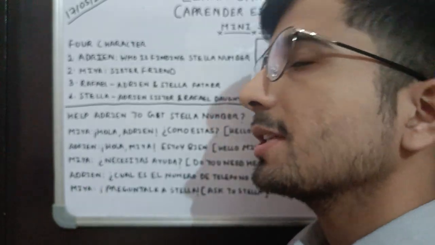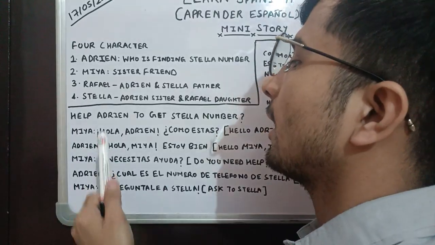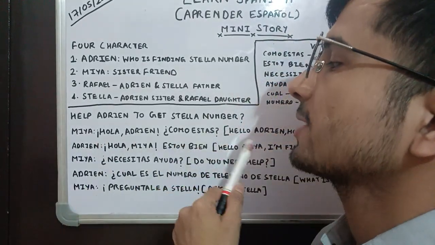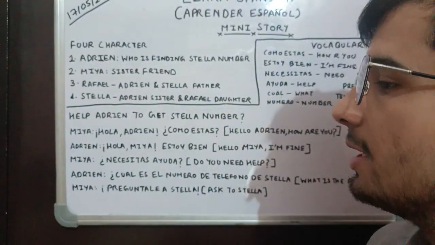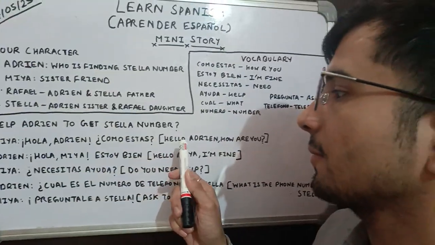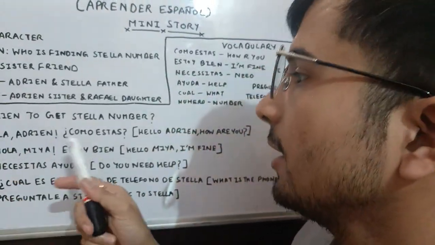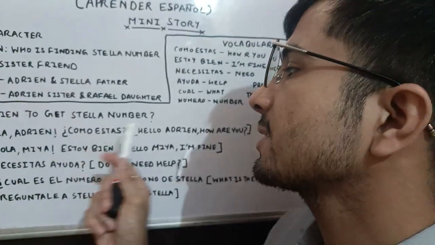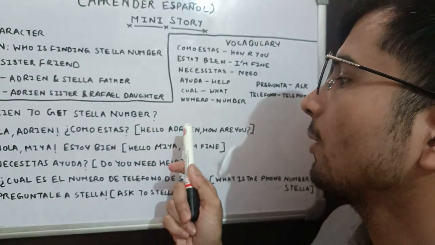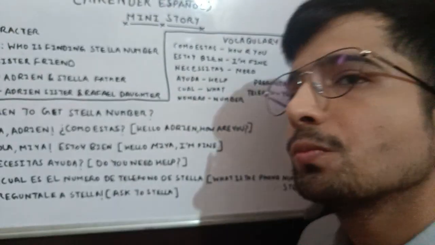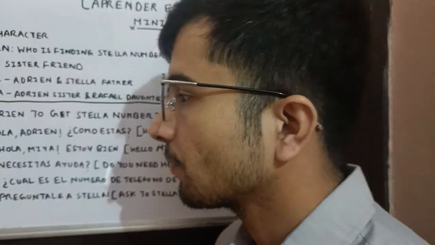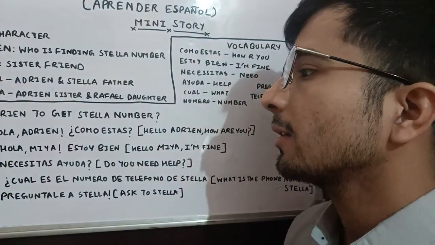So, start. What is Mia saying? Hola, Adrian, ¿cómo estás? I have written the English translation after the Spanish. Here you can see, Hola Adrian, ¿cómo estás? Which means, hello Adrian, how are you? Then what did Adrian reply?